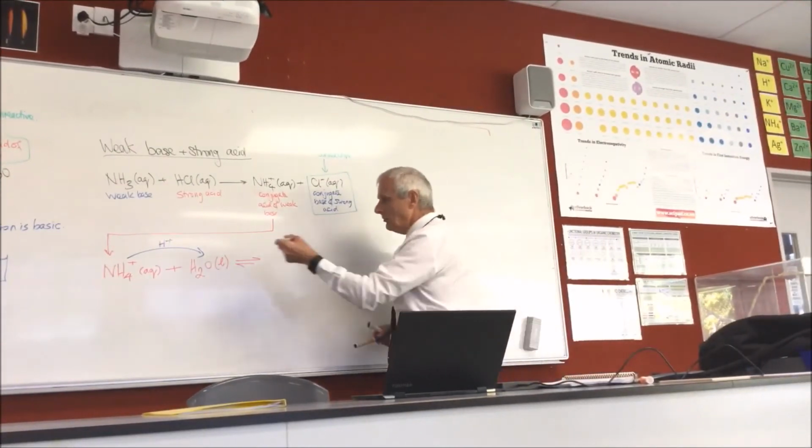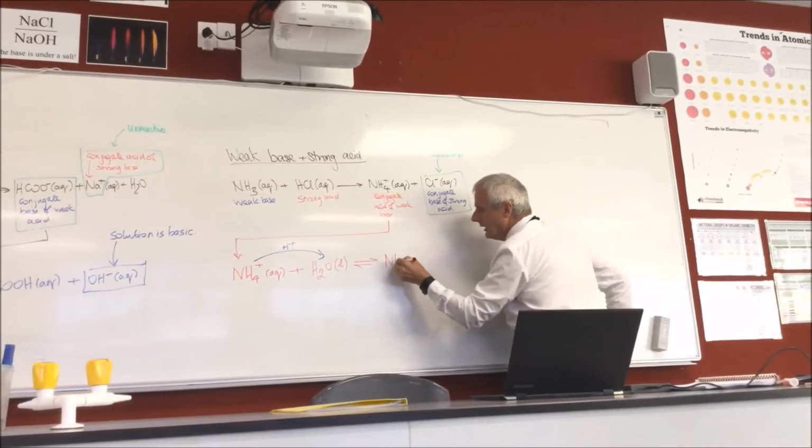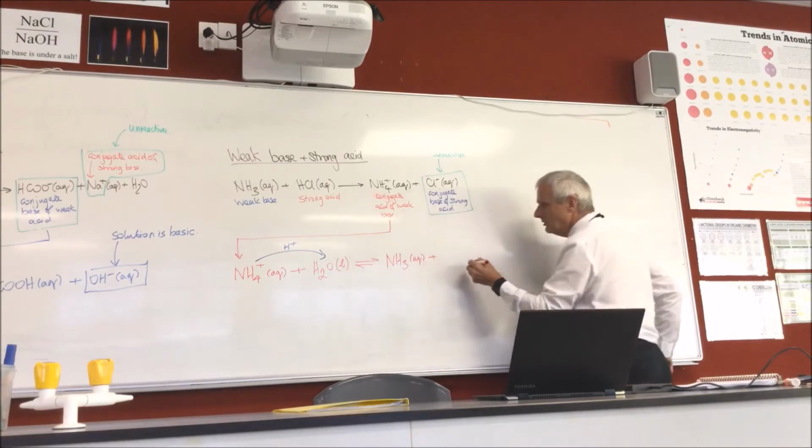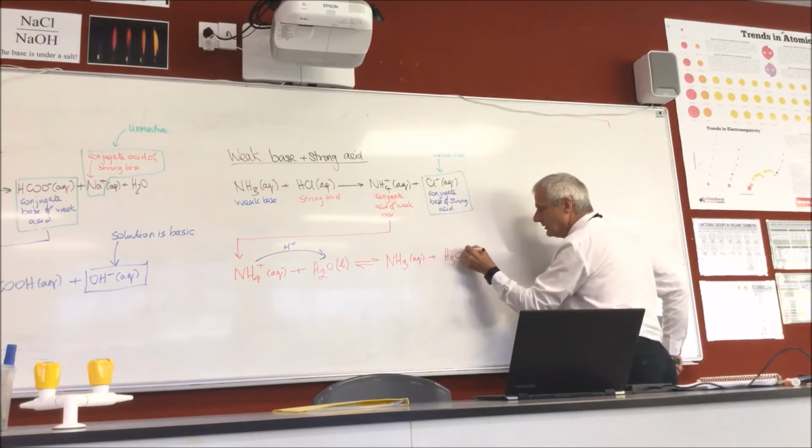And so NH4+ loses its proton to form NH3. And you're forming H3O+.